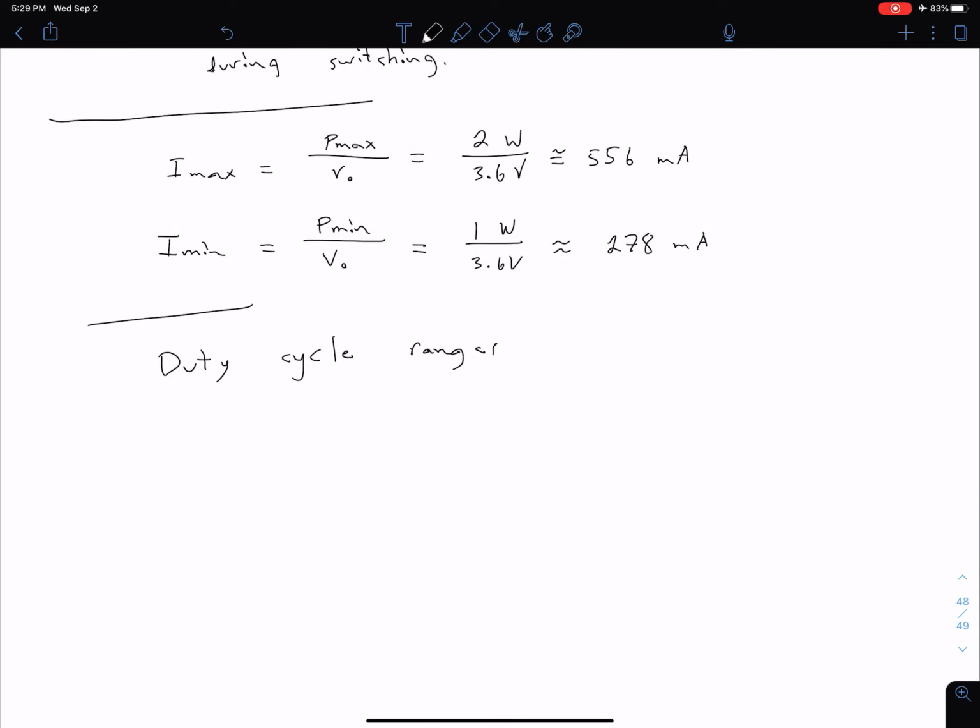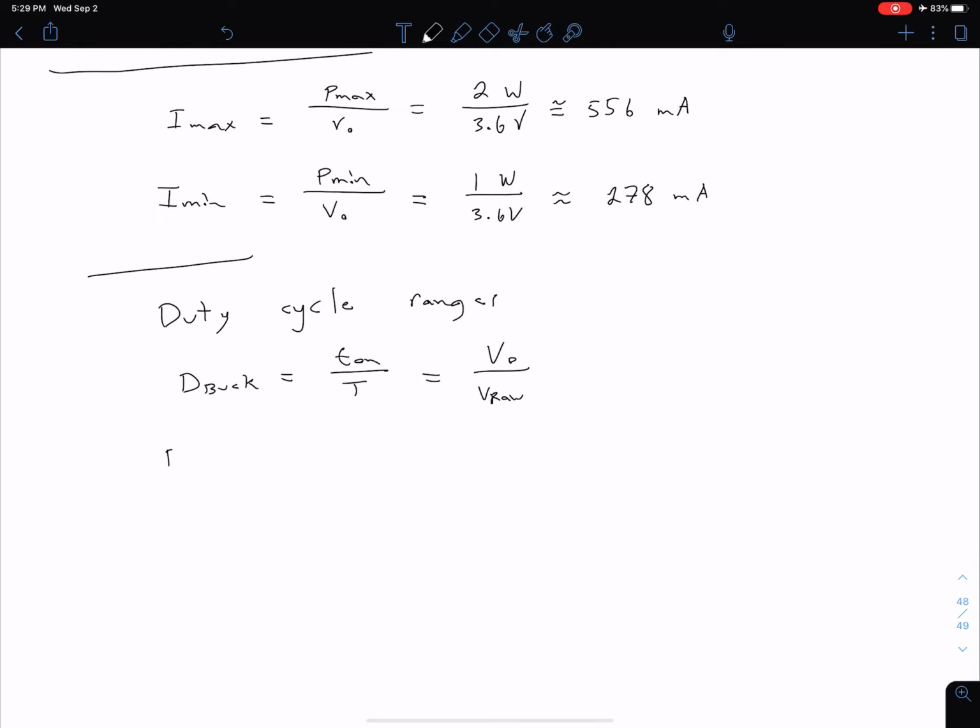In general, we know that our duty cycle D is equal to T on over T, and we also know that D is equal to V naught over V raw. If we have a consistent period capital T and a consistent output voltage V naught, we can see that as our raw input voltage changes, we're talking about a change in our T on. So we can talk about a D max.